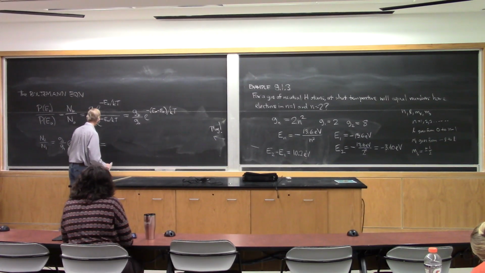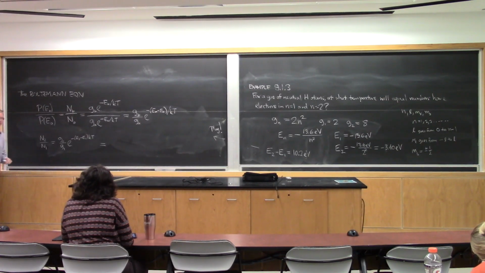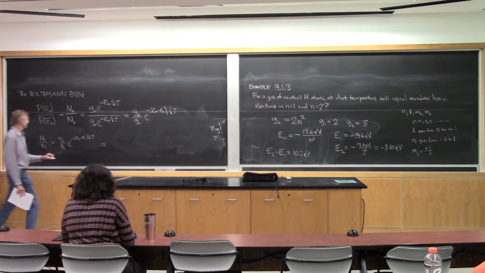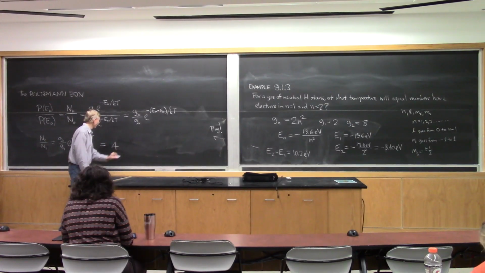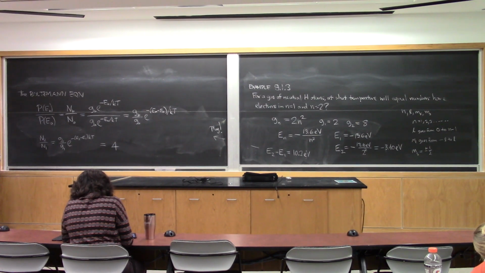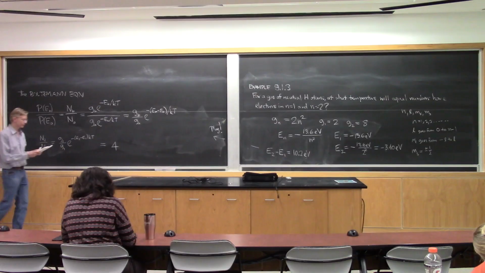But what's G2 over G1? G2 is 8, G1 is 2, so what's G2 over G1? It's a very specific number, it is 4. And what's E2 minus E1? 10.2 electron volts.